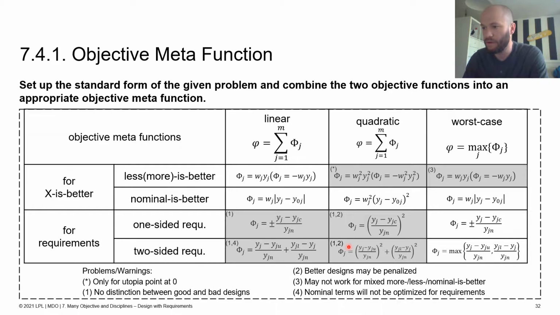So if they differ from the upper or lower bound, they might be penalized by the formulation, so this is also not a proper formulation. So we end up with having only one choice, which is the worst case objective function here.